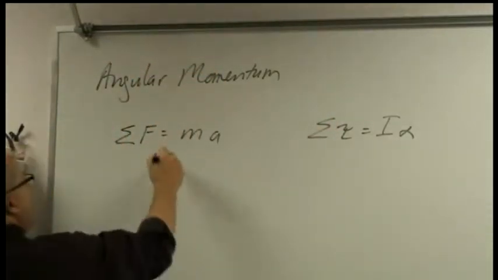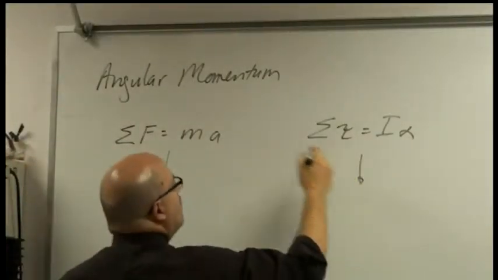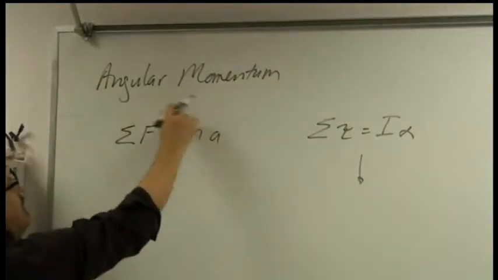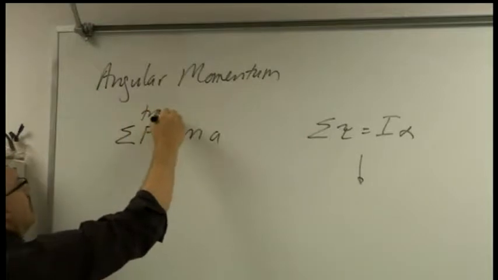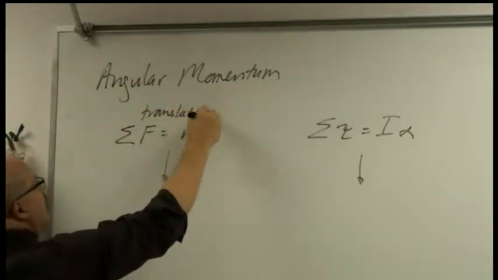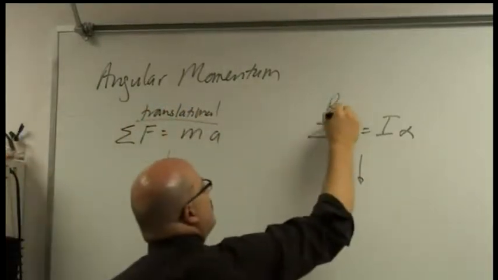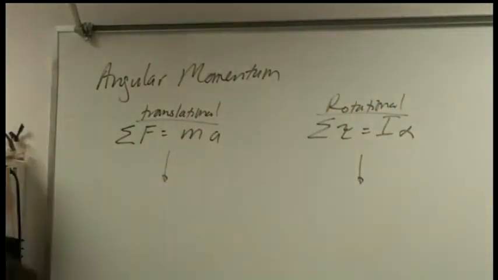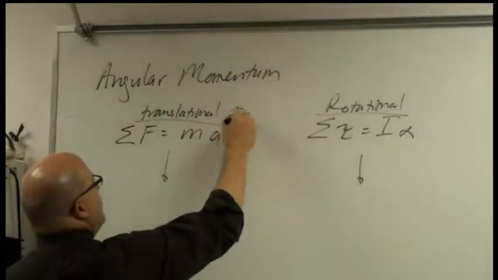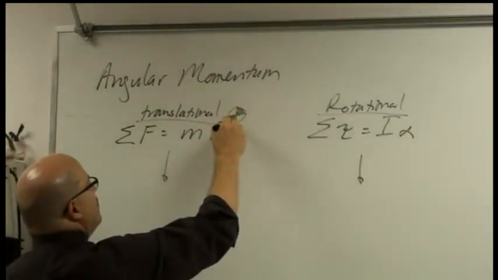Okay, now remember that these can be rewritten. This is our translational equation. Here's rotational. Remember, with translational, all we're concerned about is center of mass. That's it. We don't care about anything else.